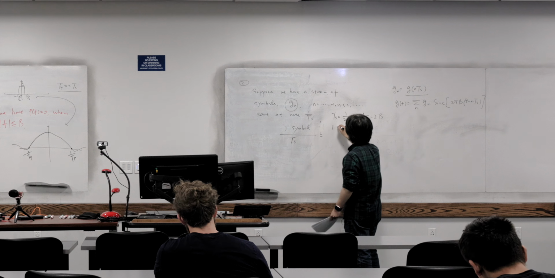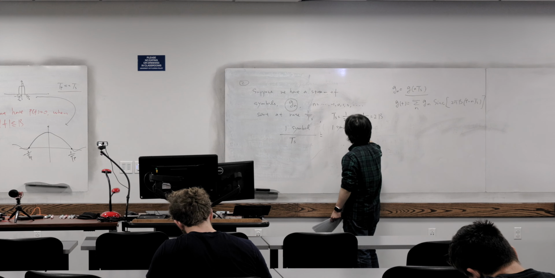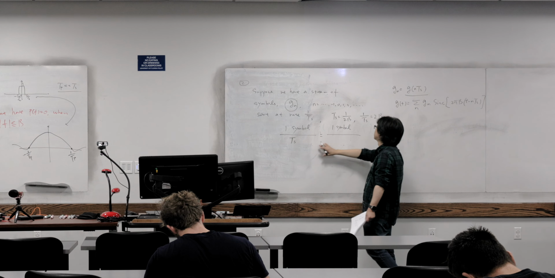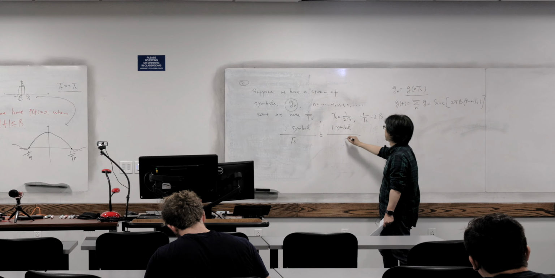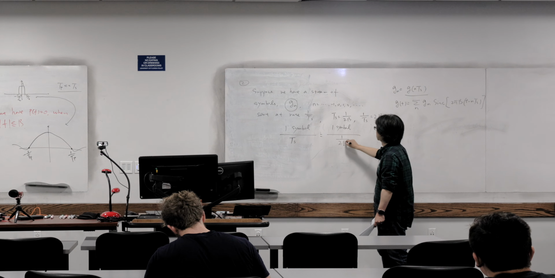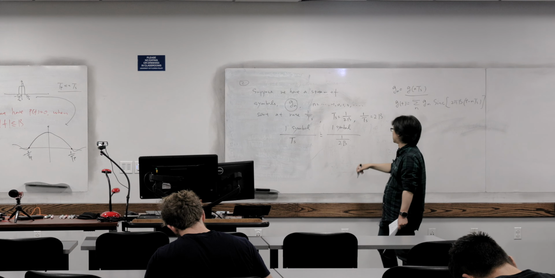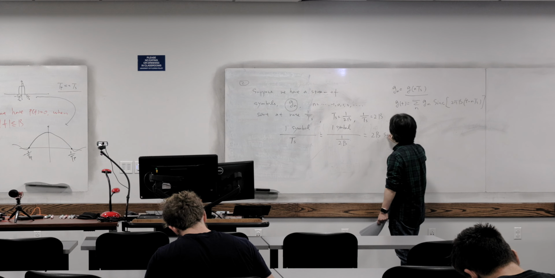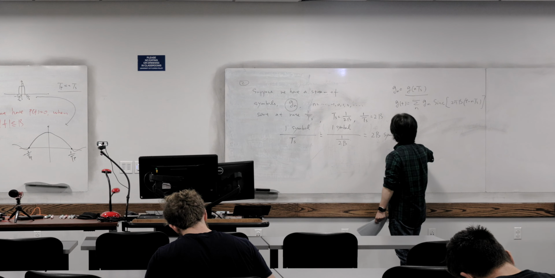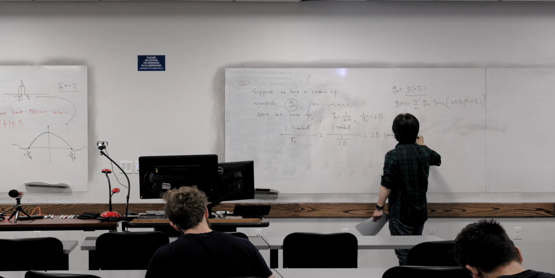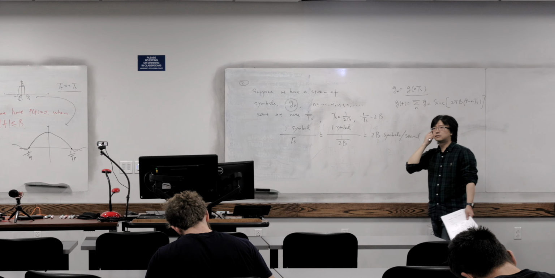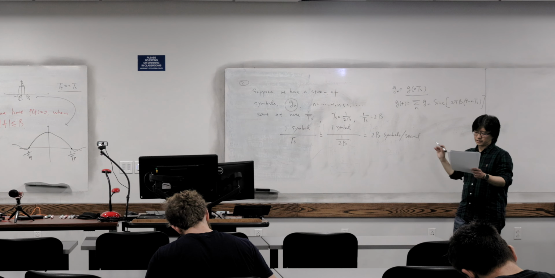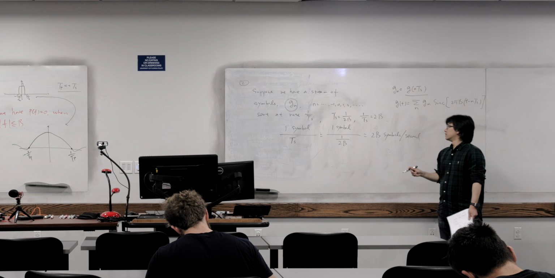We have one symbol on the top, and then we can replace Ts using this formula, 1 over 2B. This is due to the Nyquist sampling rate. And then we have 2B symbols per second. And that's it.